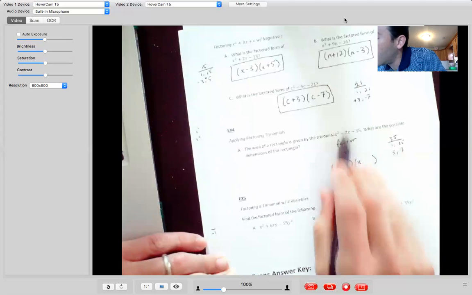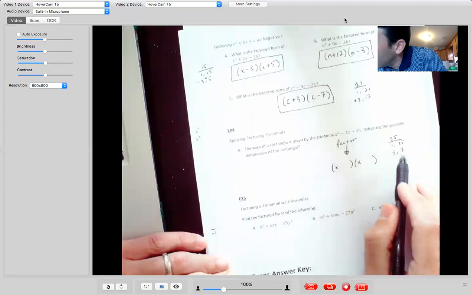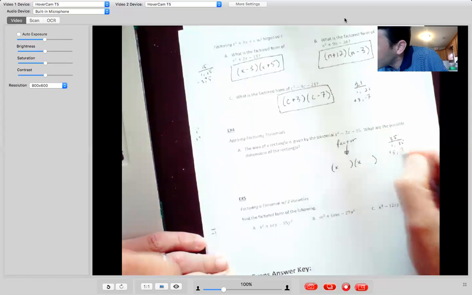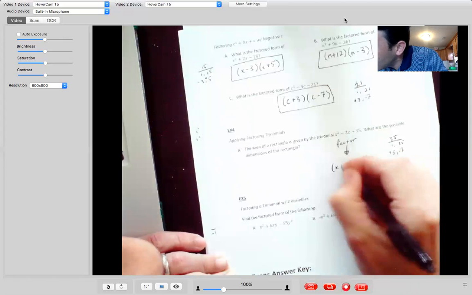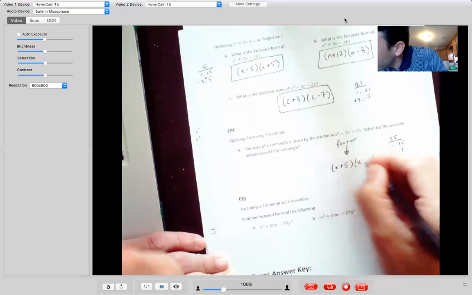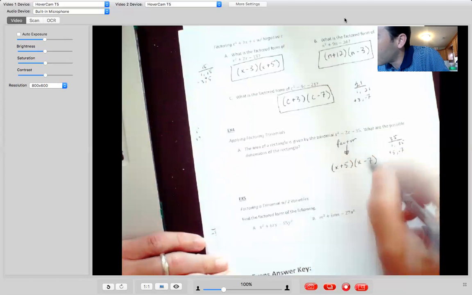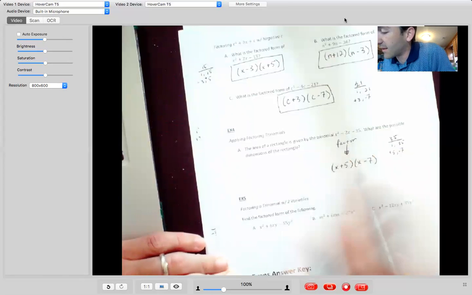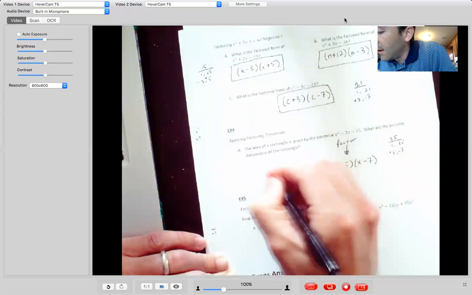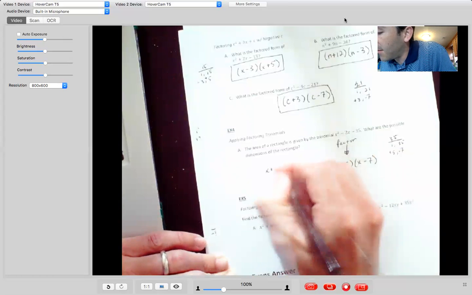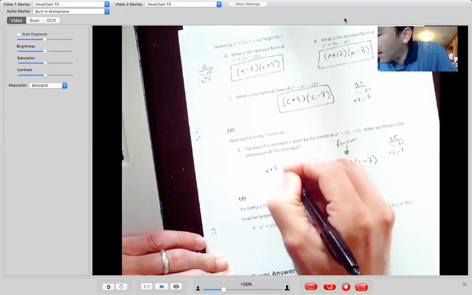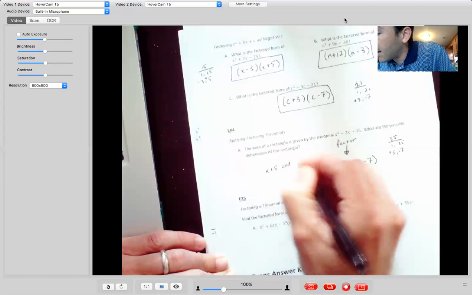If we want a negative sum, then we want the bigger one to be negative. So it's +5 and -7. Okay, so x plus 5 and x minus 7, those would be the dimensions. So I would think you could write it like that. If it doesn't accept it that way, you just say, okay, one's x plus 5, and the other one is x minus 7.